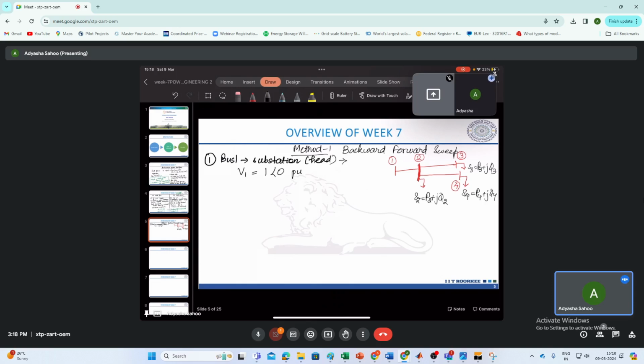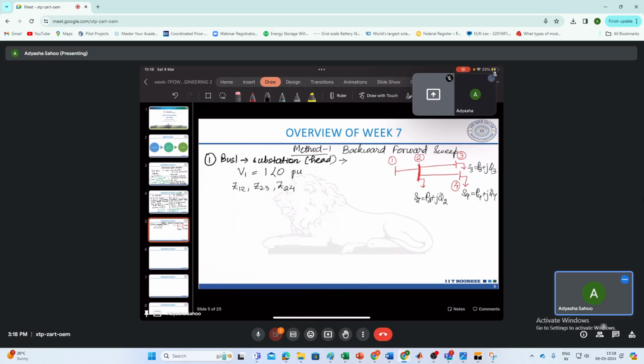So basically you know the line parameters, that is Z12, Z23, Z24. So these are the impedances of the line. Z12 is the impedance of line between bus 1 2, Z23 is the impedance between bus 2 3, and Z24 is the impedance between bus 2 4.